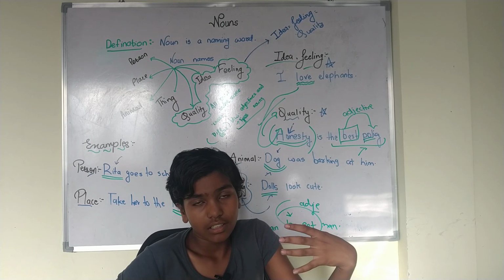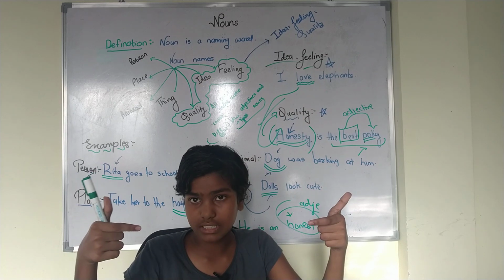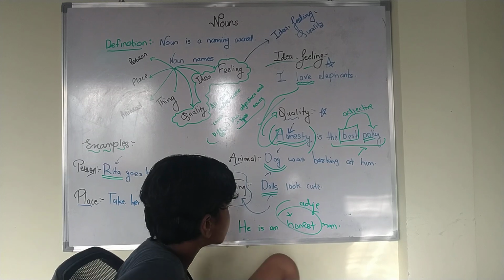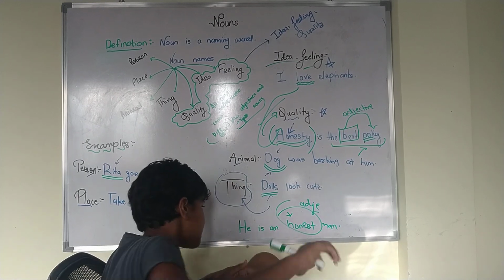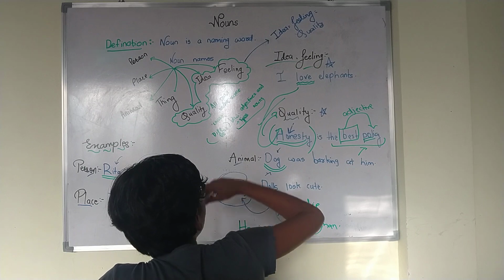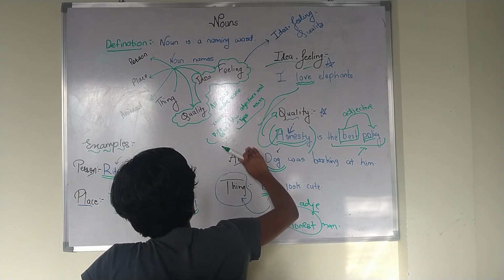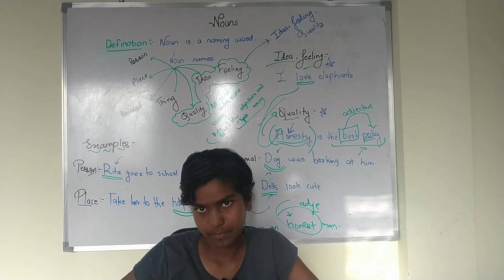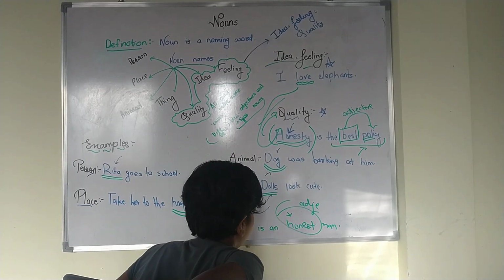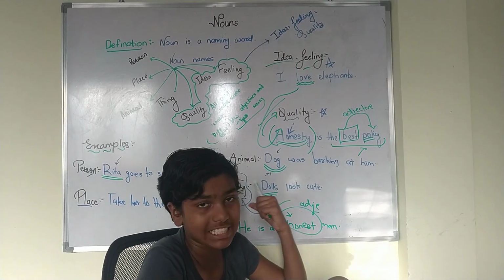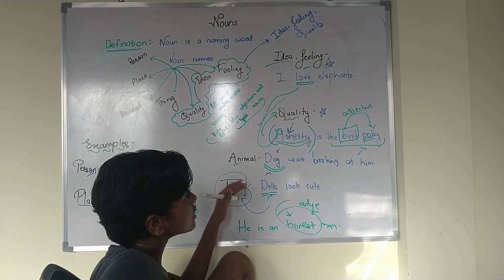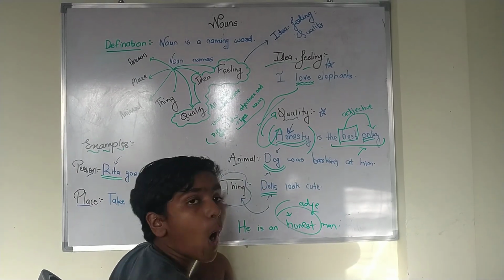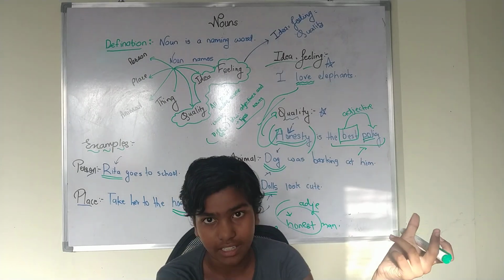If I'm saying I'm honest, I'm describing myself. But what I really meant was, I like honesty, I prefer honesty. So here I'm telling myself that I'm preferring honesty, which is my idea, my feeling to be honest.